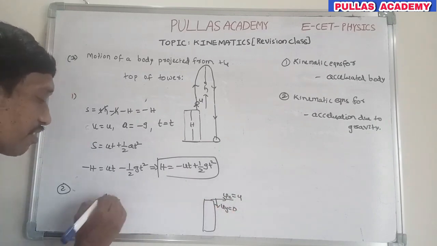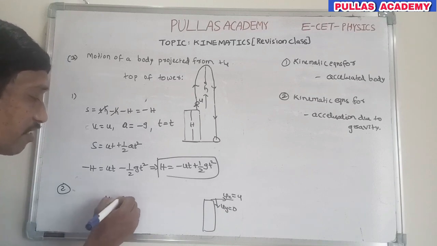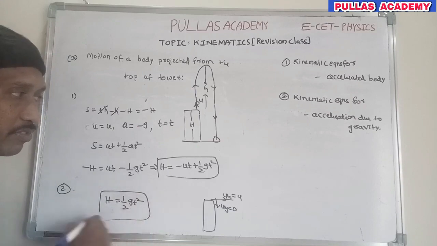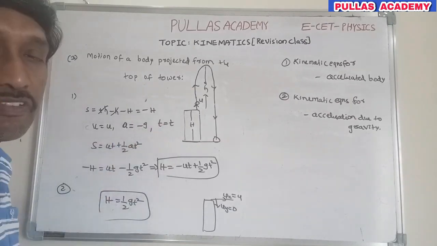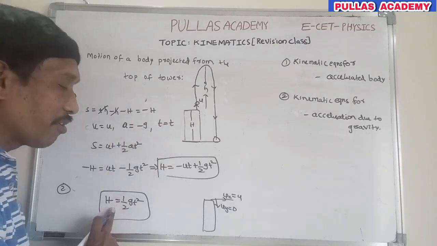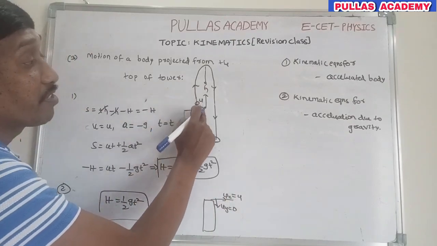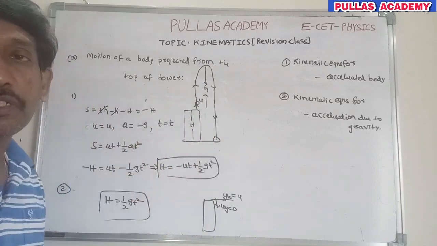That's why after simplification, the height of the tower formula is just half gt square, the same as for a freely falling body. So when projected horizontally, and when projected upwards with velocity u, these are the height of the tower formulas.